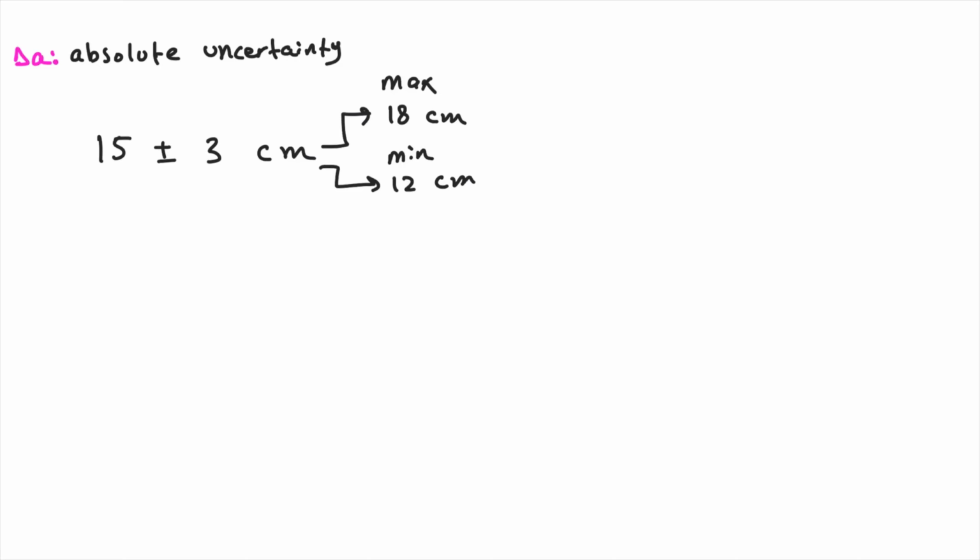The symbol used to show the absolute uncertainty involves a delta or a triangle sign. This sign represents change. For example, if the measured value A is equal to 15, the absolute uncertainty is delta A, which is equal to 3, which again means 3 more or 3 less.